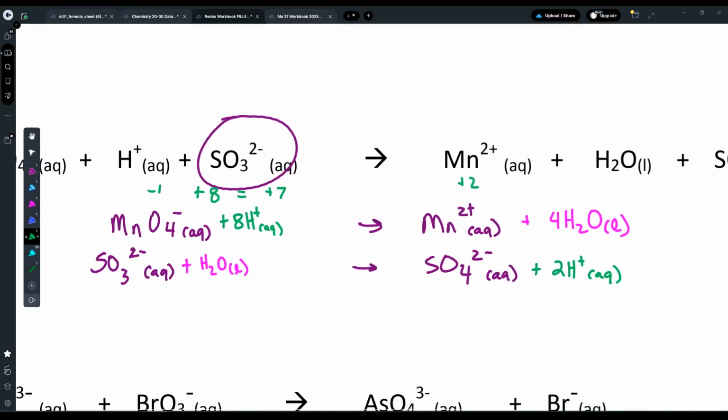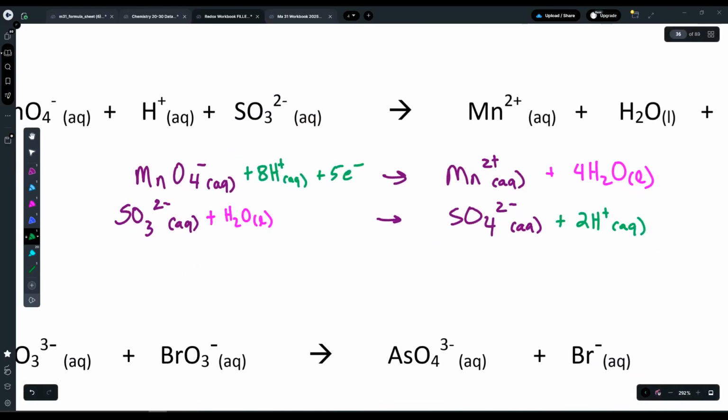So I've got to go to the more positive side, and that's where I need to add my electrons. So if I go 7 minus 5, that's going to give me plus 2. So I need to add those 5 electrons. And there we go. So first reaction, the charges are balanced.